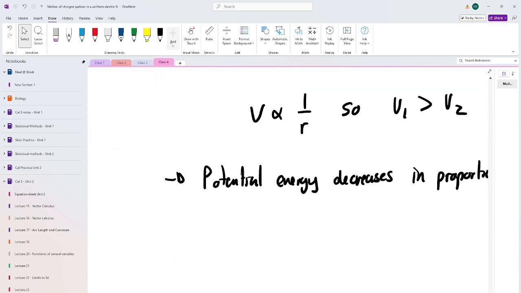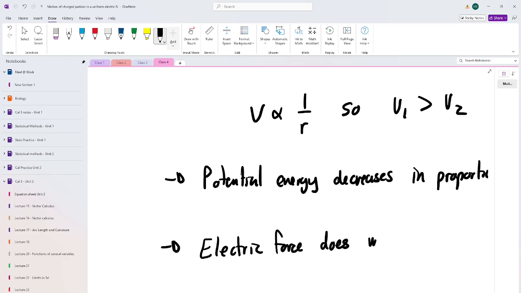And moreover, the electric force does work, which we can compute as F times distance, right? That's the formula for work. But here it's going to be F delta Y as Q moves from Y1 to Y2. So the electric force does work.